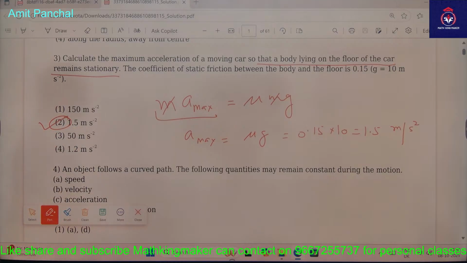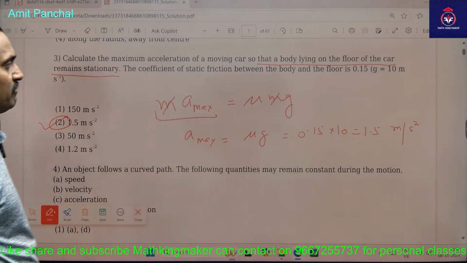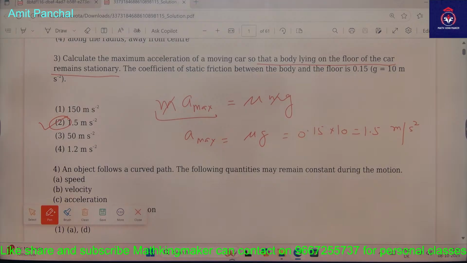But how do you know that there would be the maximum acceleration when it's mu mg? Yeah, the maximum acceleration occurs when the friction force equals the force needed to keep that body stationary. That is the condition.